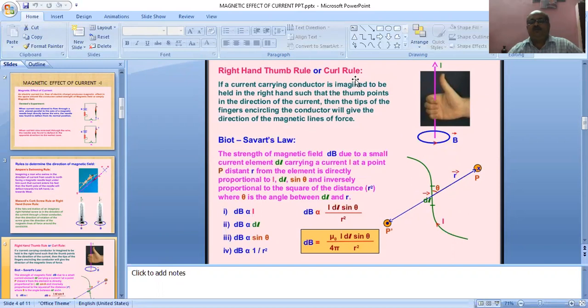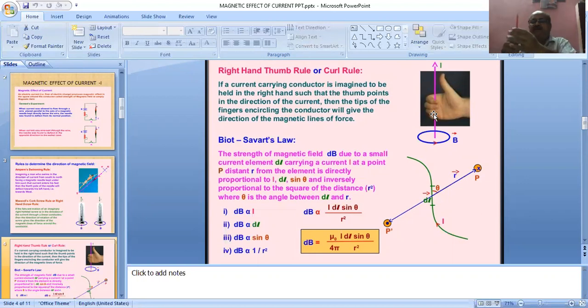According to this rule, we hold a conductor carrying current in our right hand in such a way that the thumb points in the direction of current flowing through the conductor. Then the direction along which the fingers curl will show the direction of magnetic field.